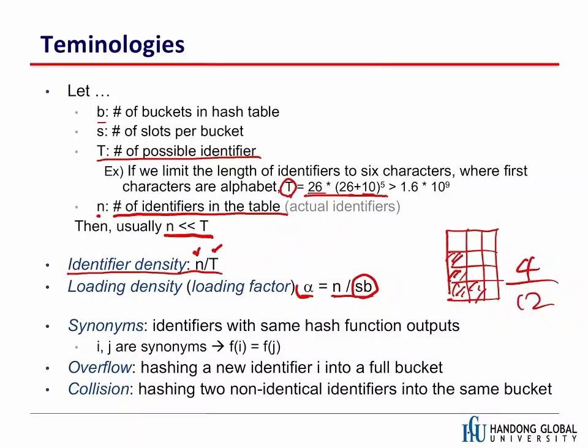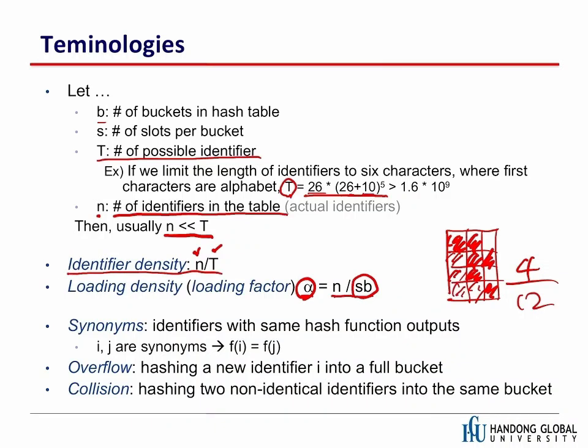If alpha is higher than a threshold, like if we have lots of cells with identifiers, then it's too dense. Then it will cause problems in future when we need to insert new identifiers. So we have to do something when alpha is too high.